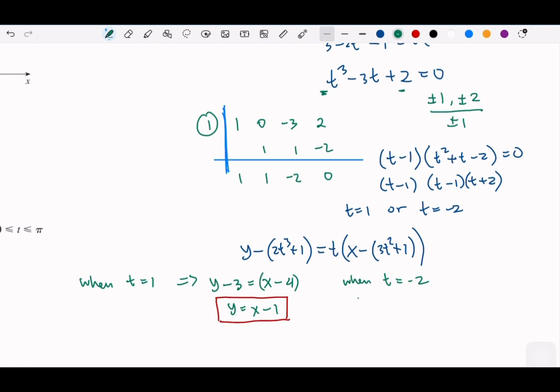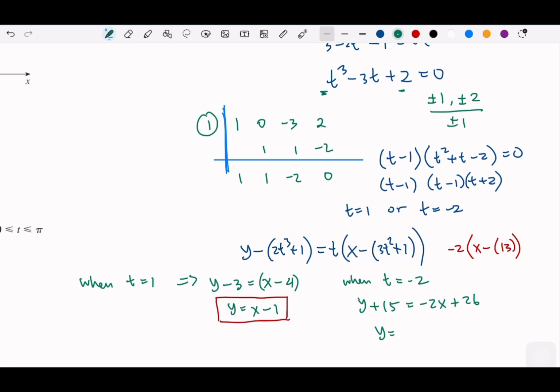So y plus 15 equals, -2x minus 12 plus 1 is 13, so this will be -2x plus 26.